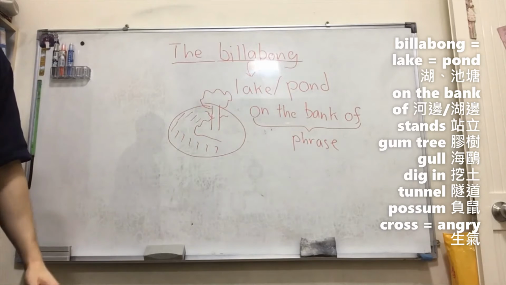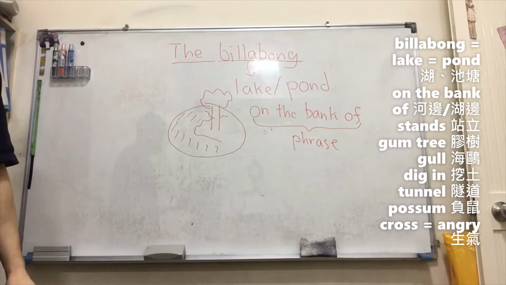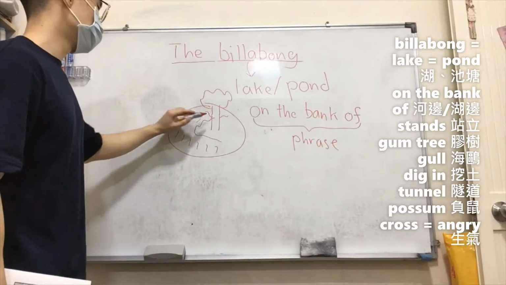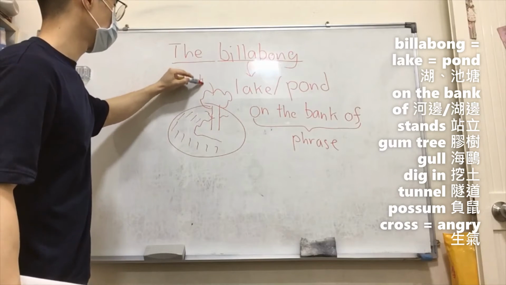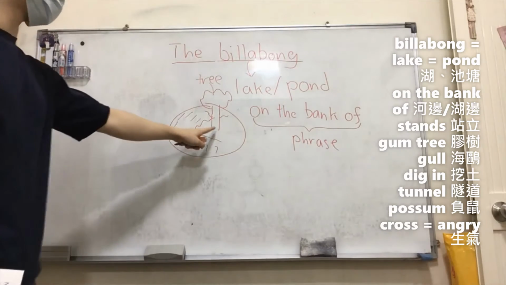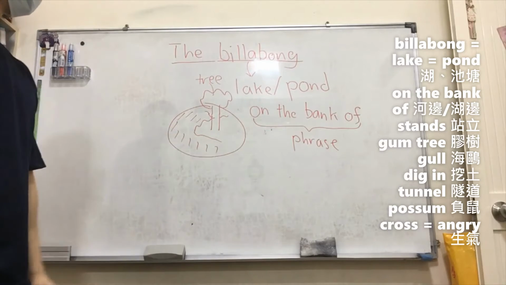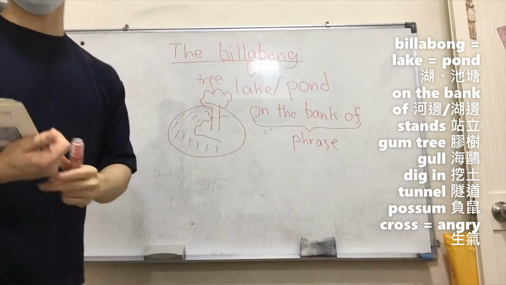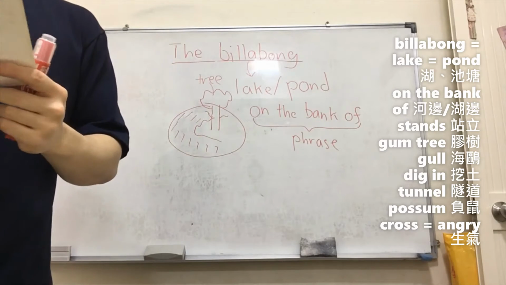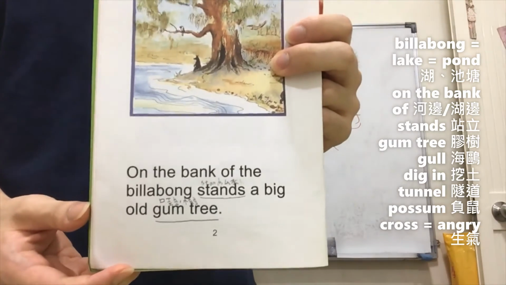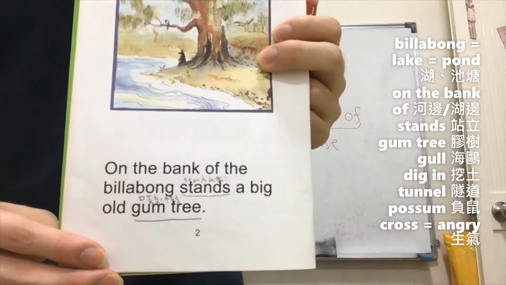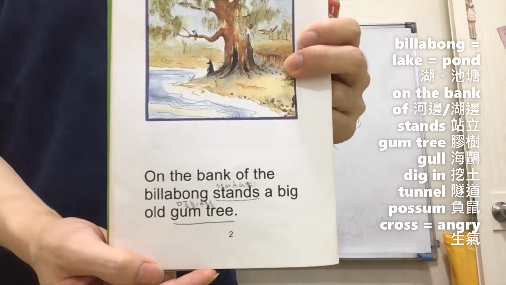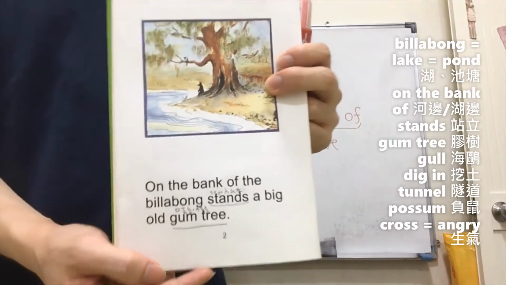So if I were to say I have a tree on the bank of the pond, so this is the tree and it is on the bank of the pond. So it is at the side. That is what on the bank of means. Stands a big old gum tree.